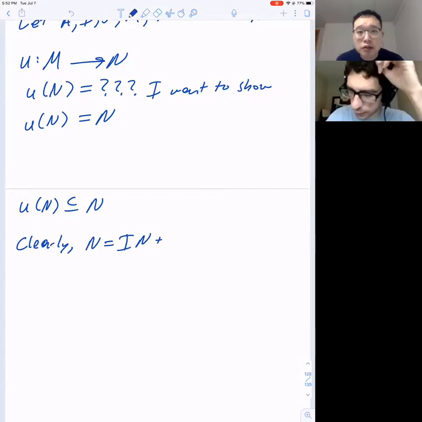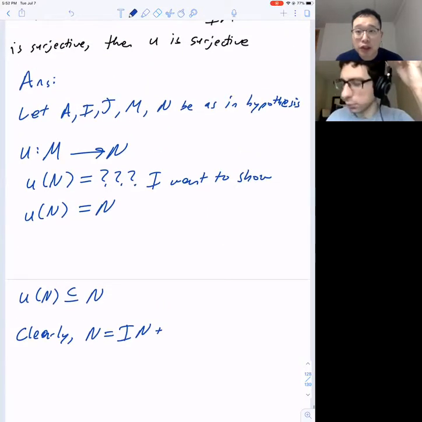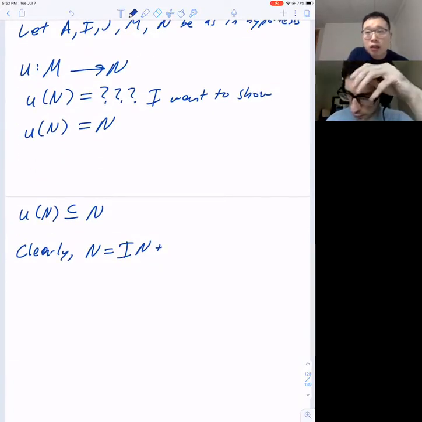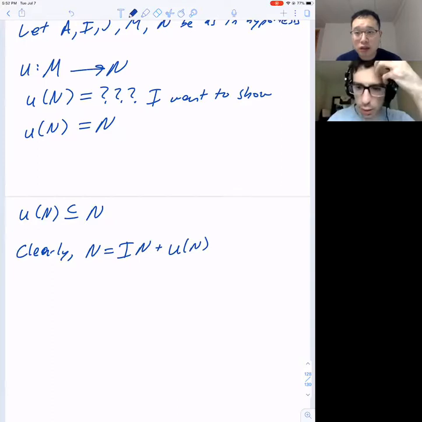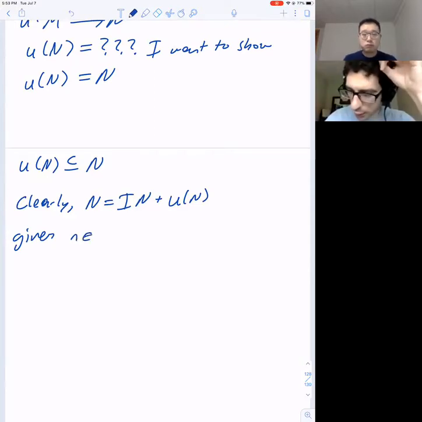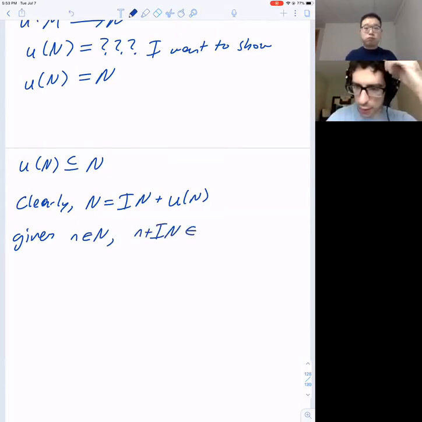Also about the notation, U of M means the image, right? Got it. Yes. So N is actually equal to U of M plus a little bit of a factor, which is not in the image, because given n in N, we have n plus IN is an element of here.